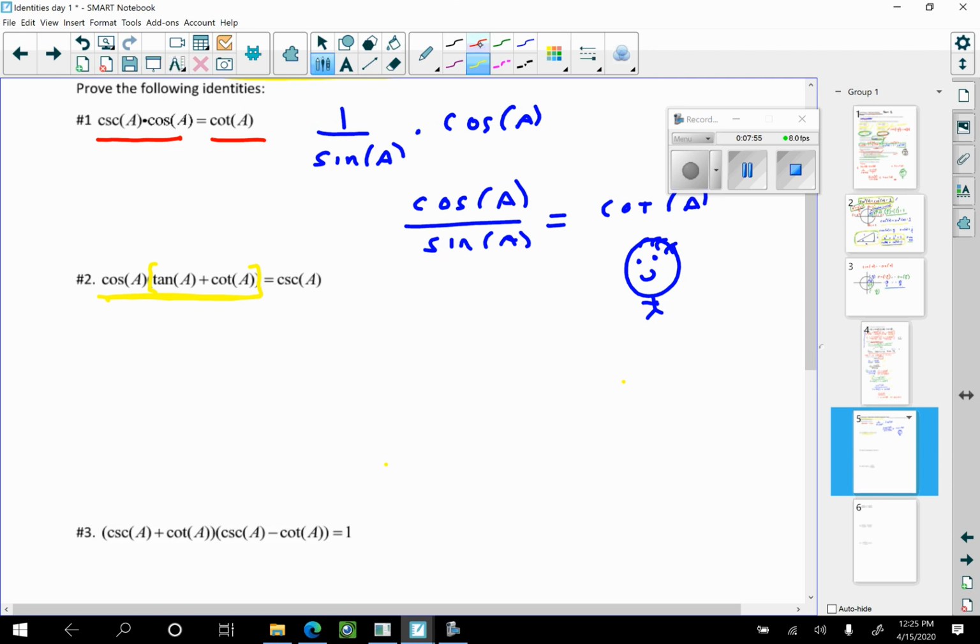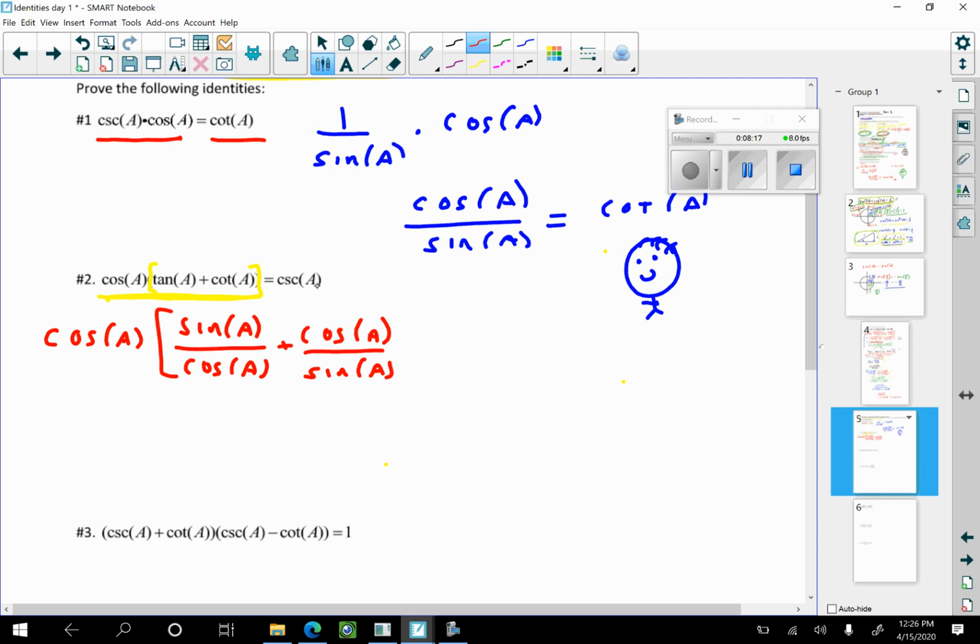Step number 1 is write everything in terms of cosine and sine. So I have cosine of A, and I'm going to put a big bracket here. And I know that the tangent of A is sine of A over cosine of A plus cosine of A over sine of A. That's cotangent. Don't write the right side.